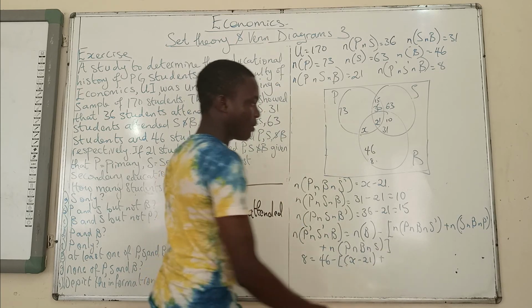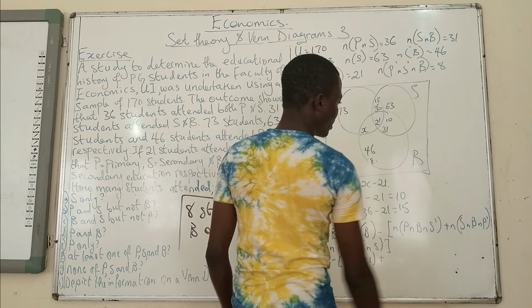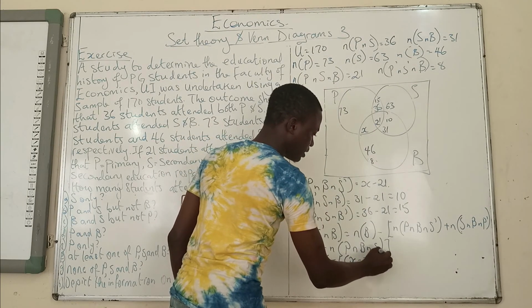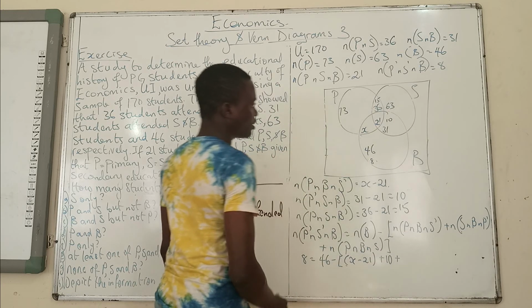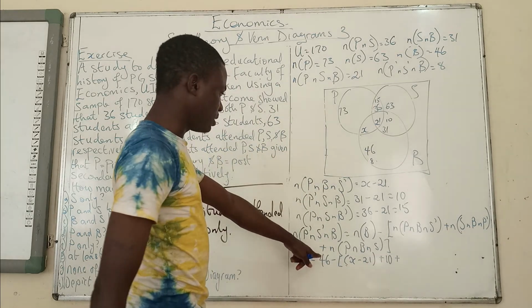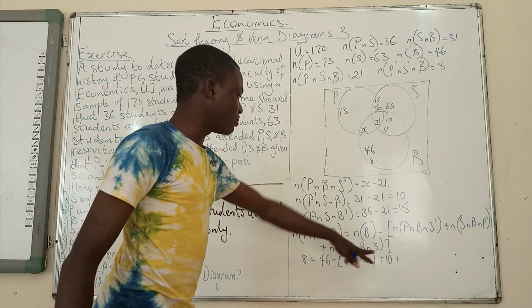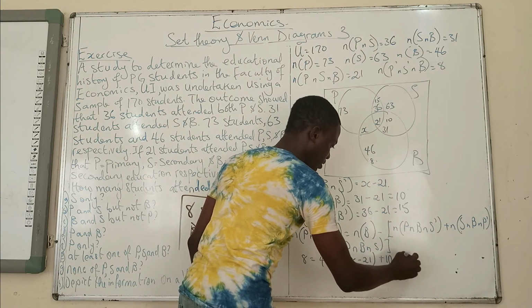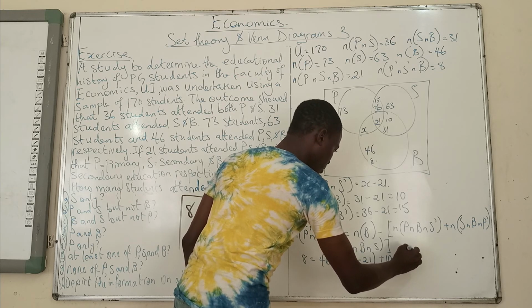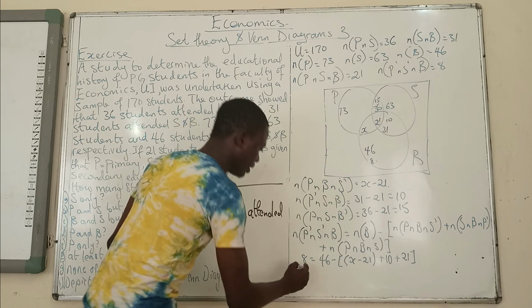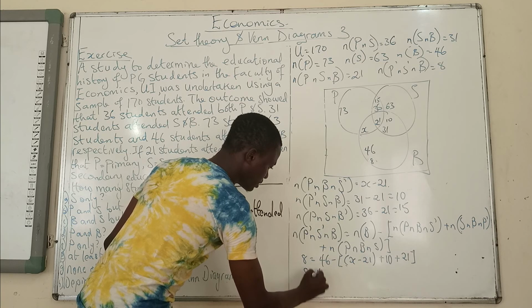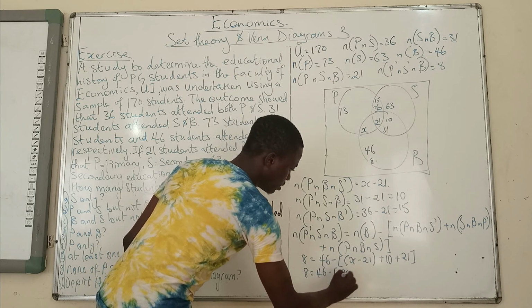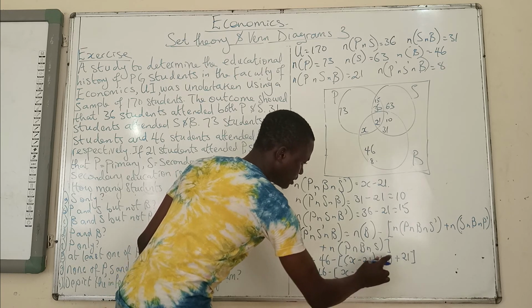Then plus how many students attended secondary and post-secondary school education only, which is 10. Then plus how many students attended the three of them, P intersection B intersection S, which is 21. So we then continue. We close this.